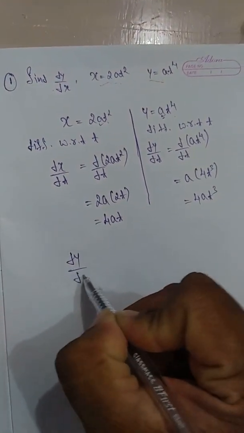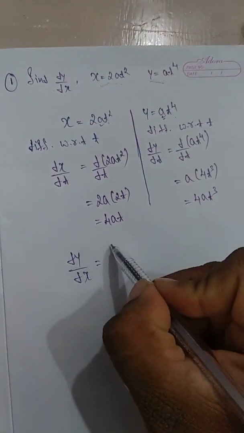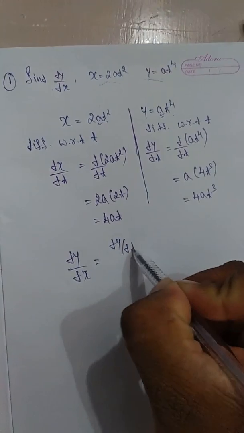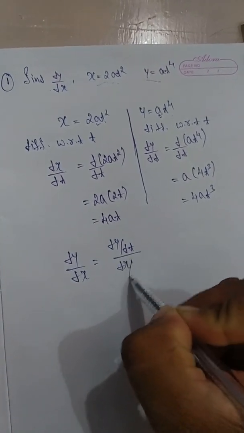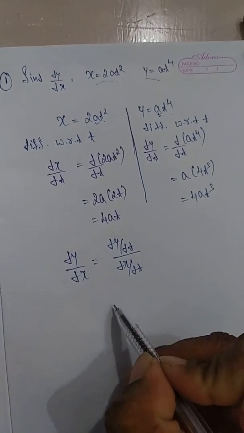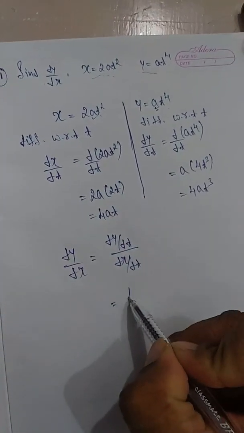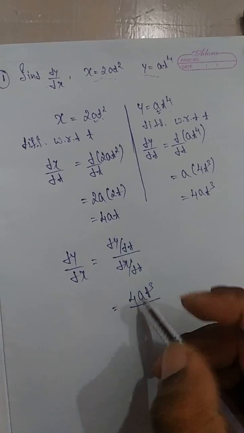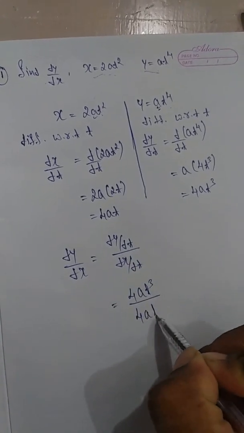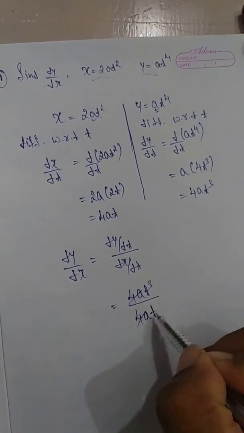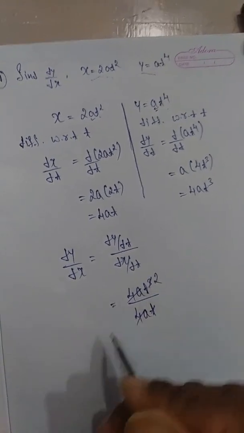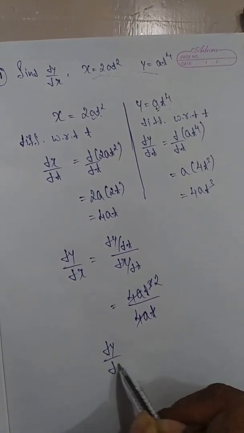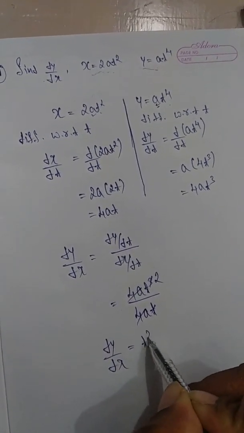What is the procedure? dy by dx is equal to dy by dt divided by dx by dt. dy by dt is 4at cube, divided by dx by dt, which is 4at. 4a cancels, one t cancels. Here dy by dx is equal to t square.